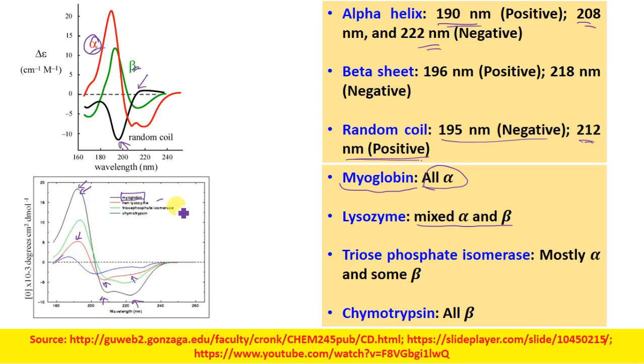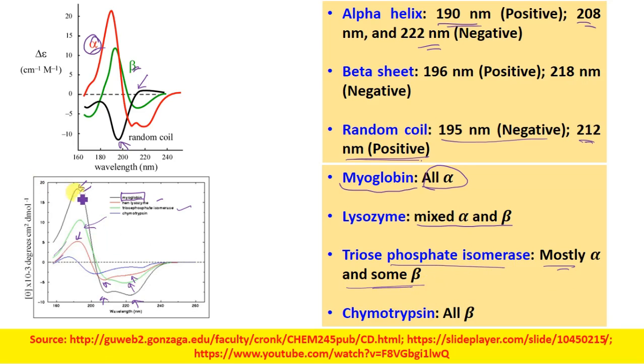Then we have this triose phosphate isomerase, mostly alpha and some beta. This is the green one. If you see, it is showing near alpha properties. So this is mostly alpha, and it is having some beta.